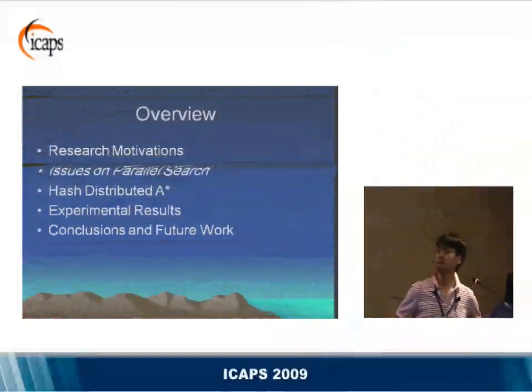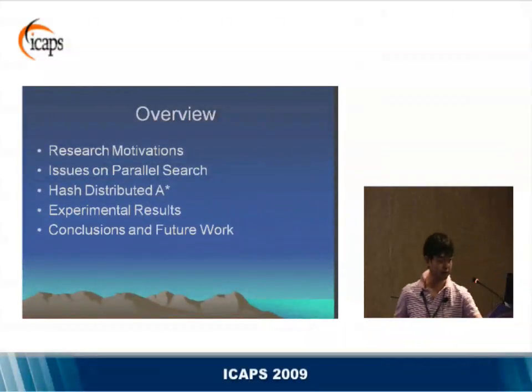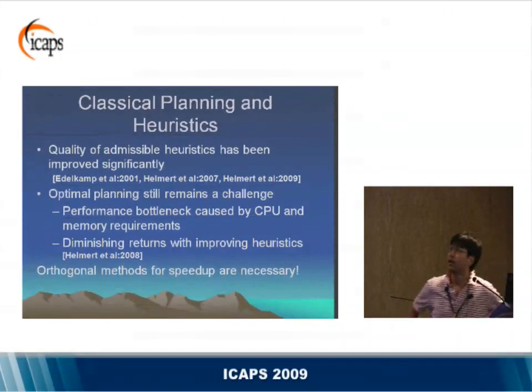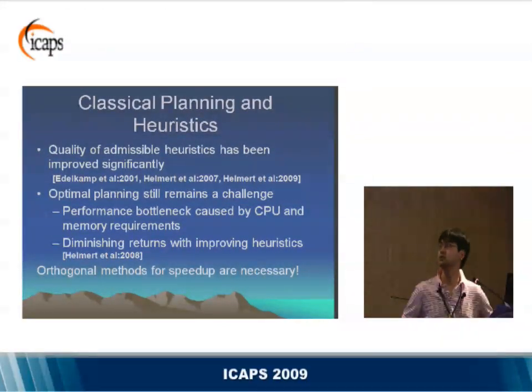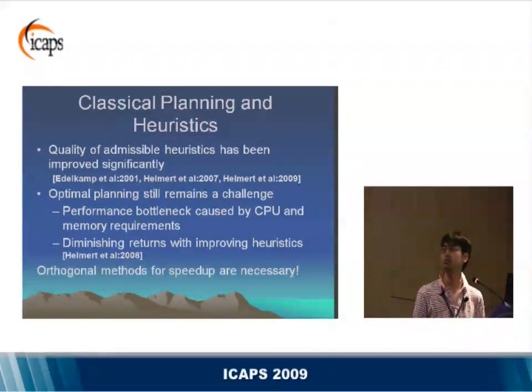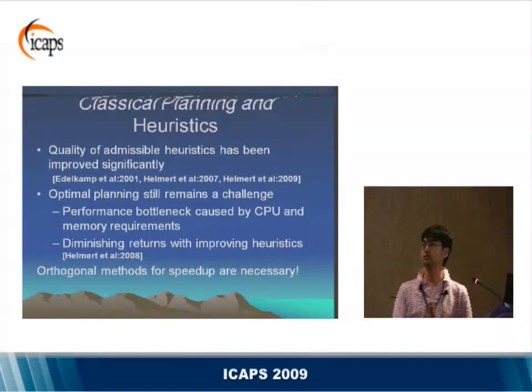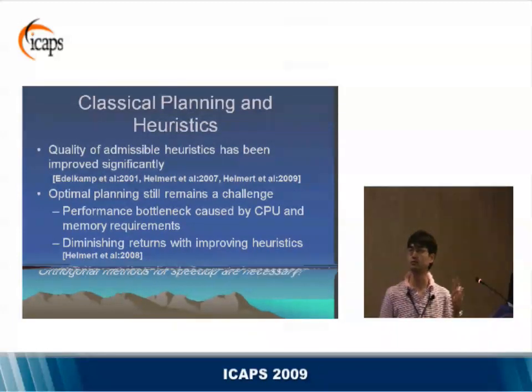Okay, this is the overview of my talk, and I'm basically going to talk about parallel search. For the last 10 years, the quality of planning systems has improved significantly in order to achieve high performance. However, having a high performance system still remains a challenge because of two reasons.